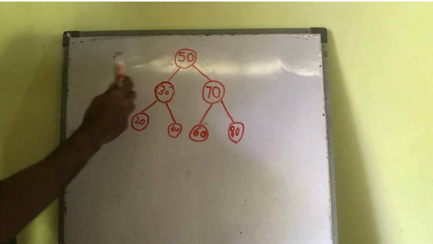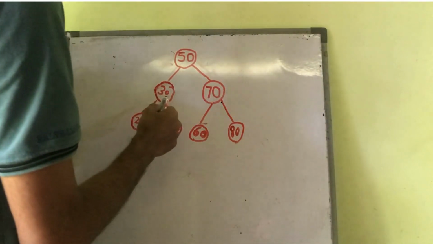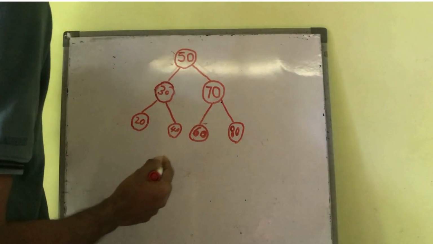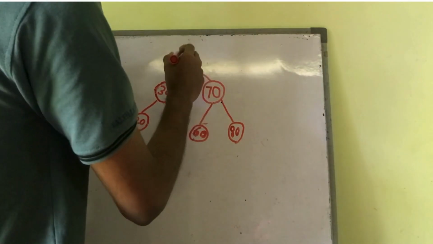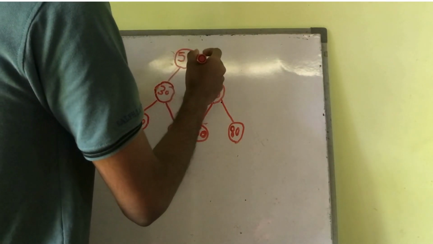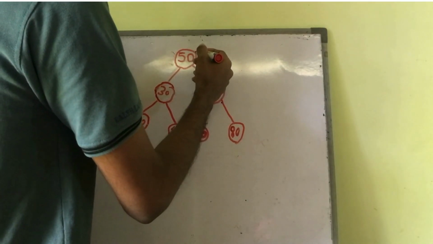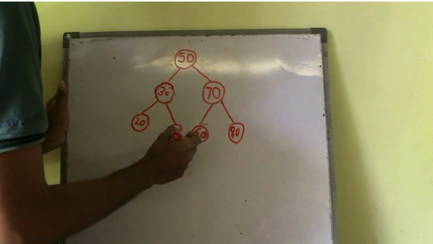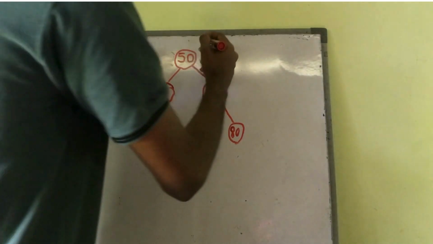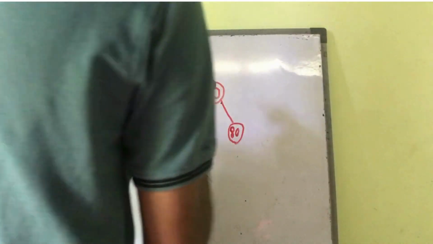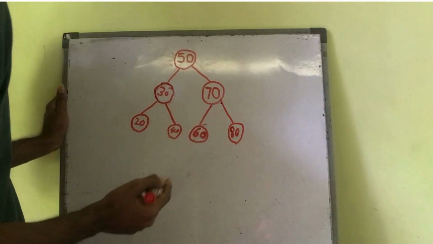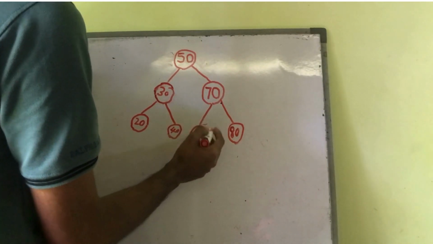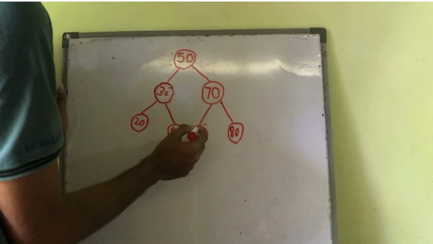They have grandchildren. So how do we actually delete the root? We need to find the next highest value of the root element, that is the successor. The successor of this 50 element is 60. You can see in here 50, after that 60.